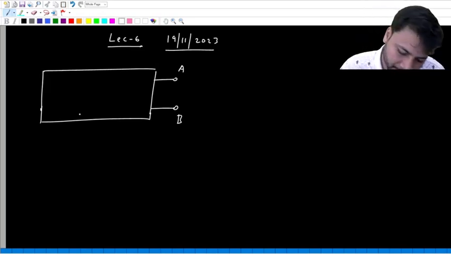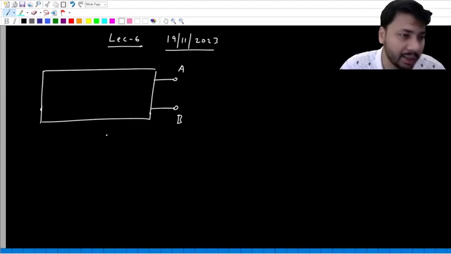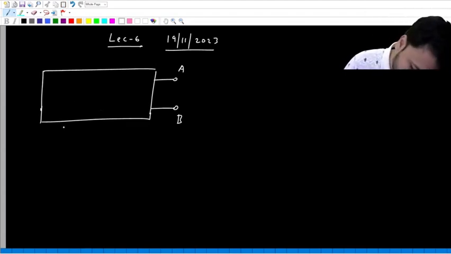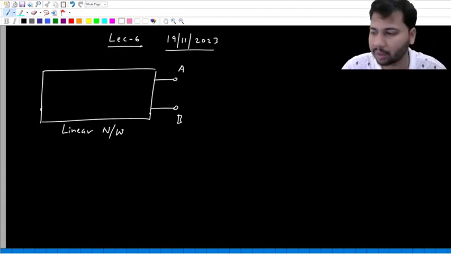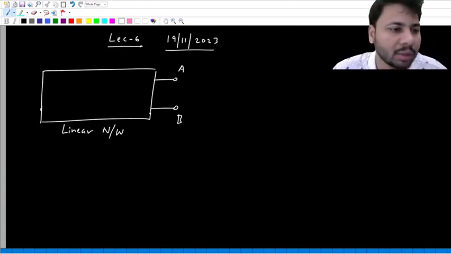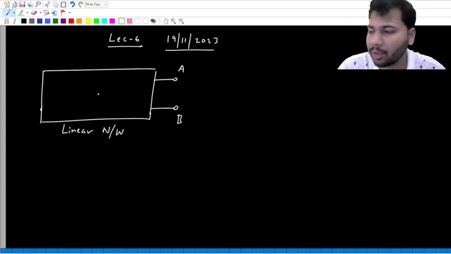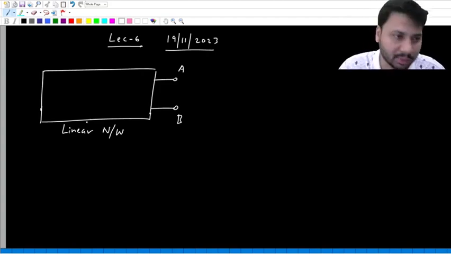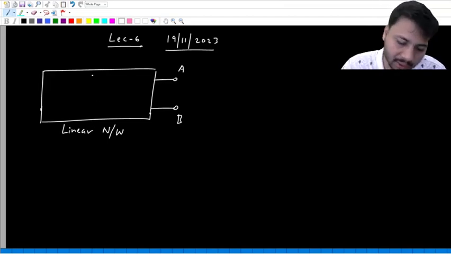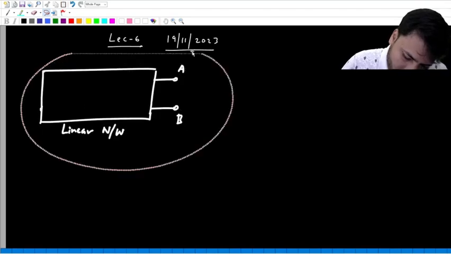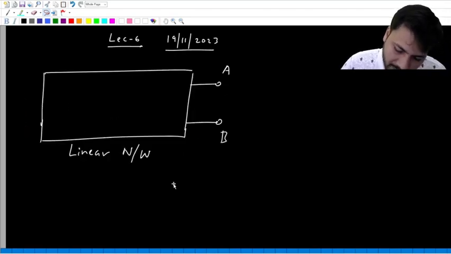And if this is a linear network, that means this network should be made up of linear elements. So what elements can be present inside this network?